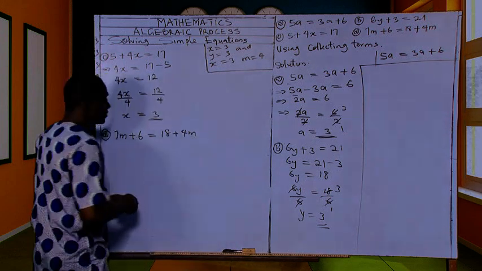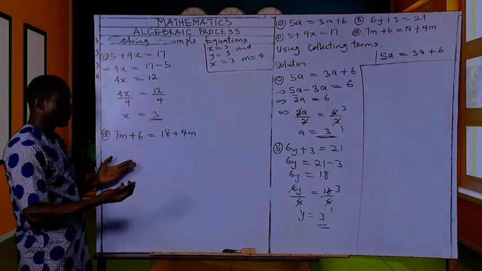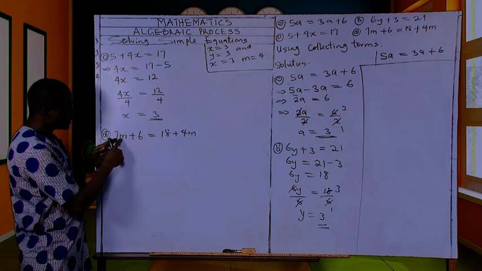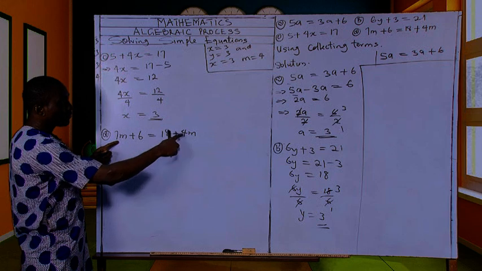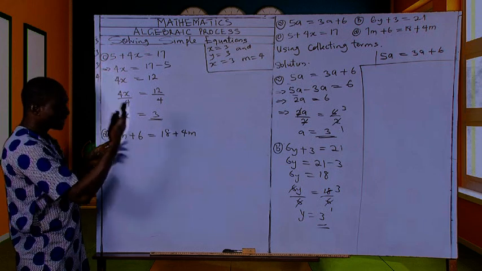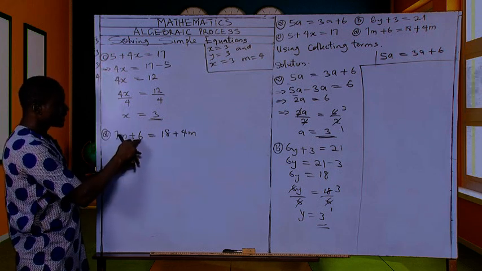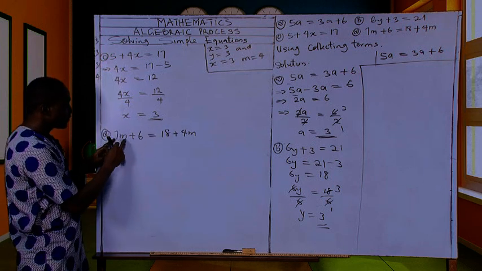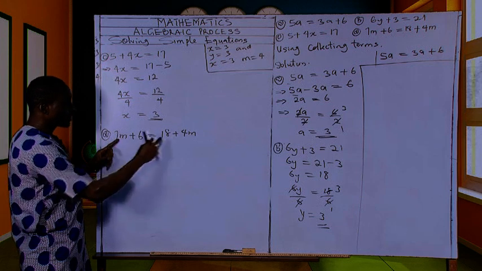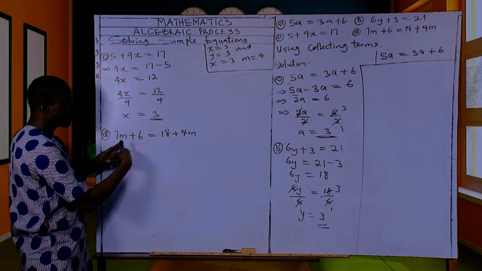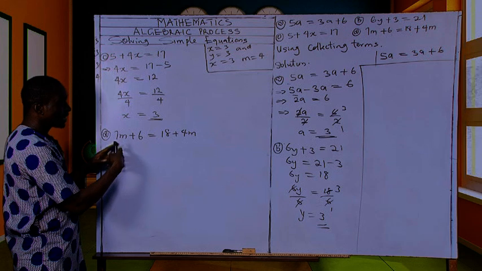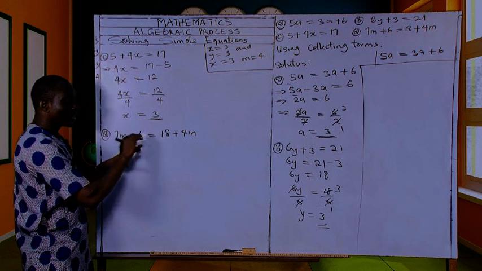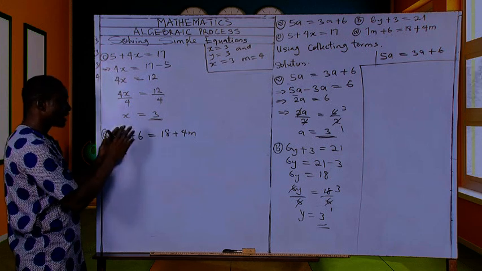Alright, now we are going to collect the like terms. 7m and 4m are like terms. 6 and 18 are like terms, because 7m and 4m have m as letter, and the other two terms have no letter at all.